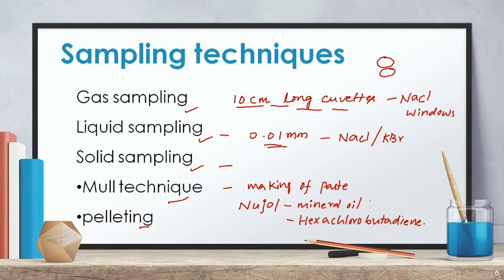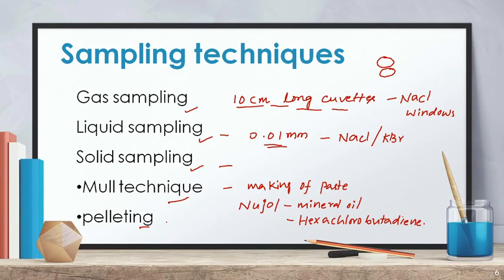In between the two plates we place a small amount of mull and squeeze the two plates. Then you will get a thin film of mull. Whenever you get the thin film of mull, you pass the IR radiation onto the sample. Then you will get the spectrum for the compound.